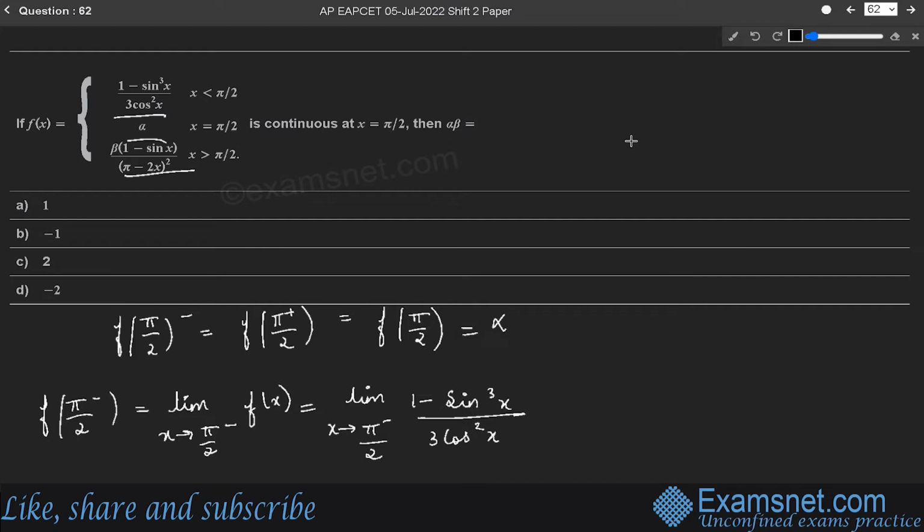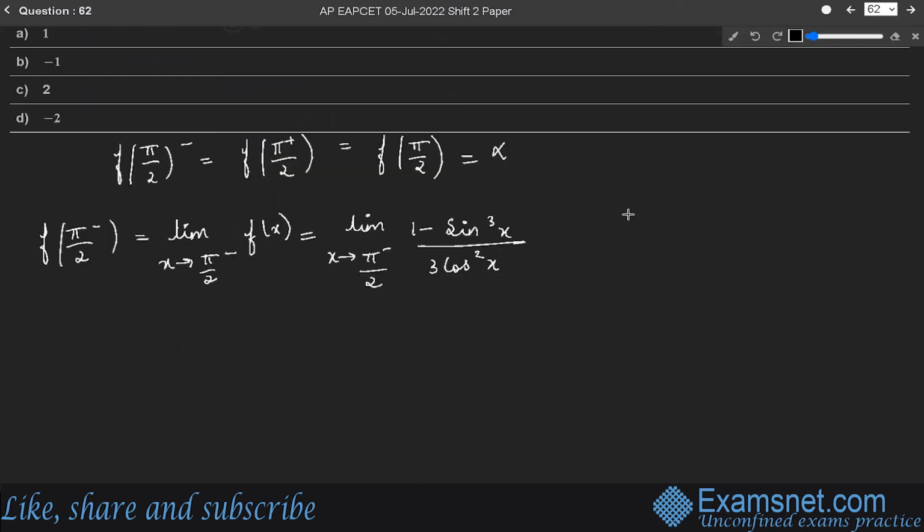On putting the limit, it will be 0 by 0 form. So this will be equal to limit x tends to pi by 2 minus of (3 sine square x cos x) divided by (3 into 2 cos x into minus sine x).